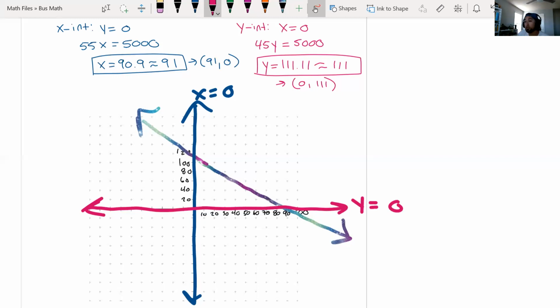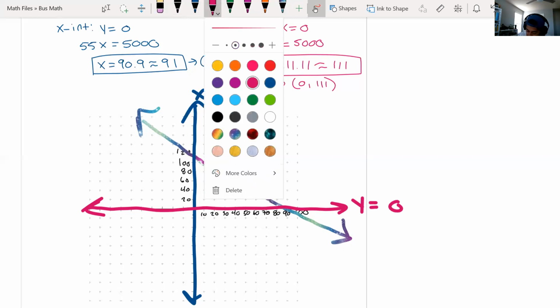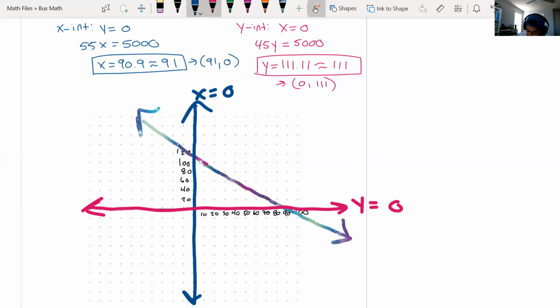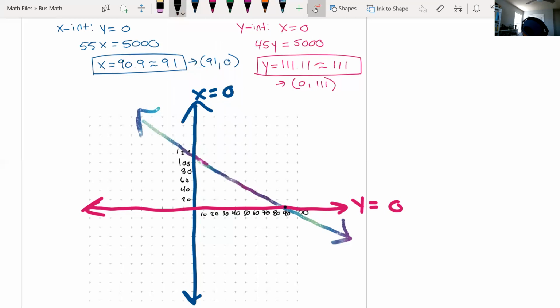Everything was solid. Everything is graphed. And then over here, I'm going to put the X-intercepts, just to mark them again. 91 was around there. And the other point was around there. 110. There we go.